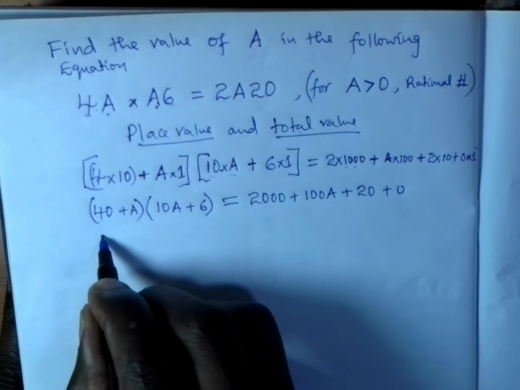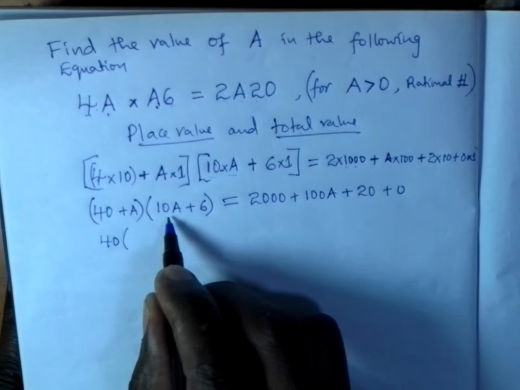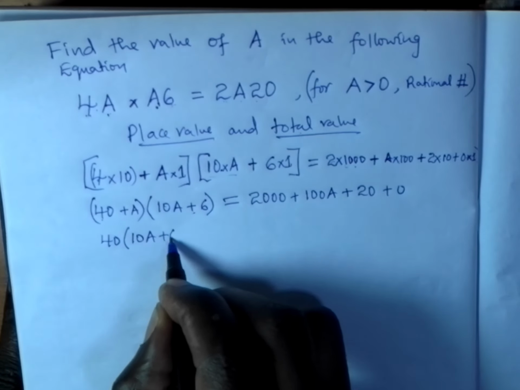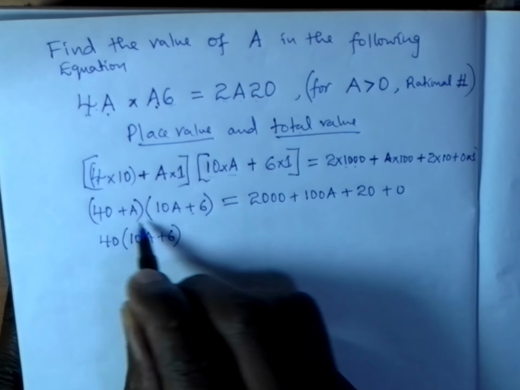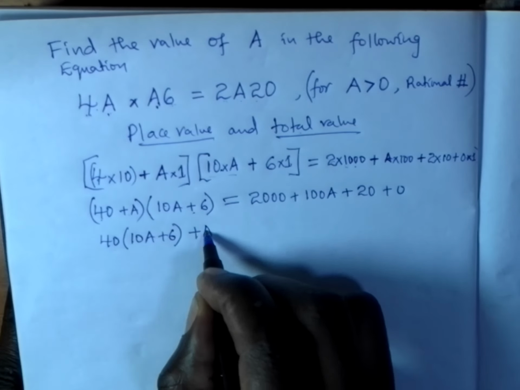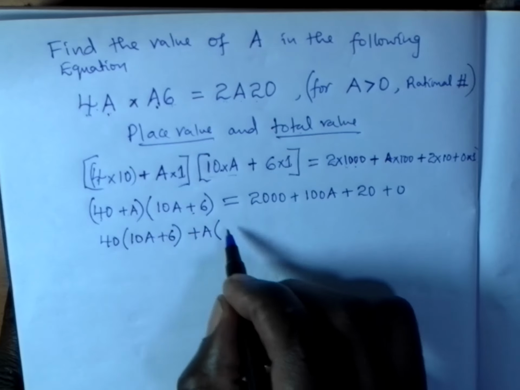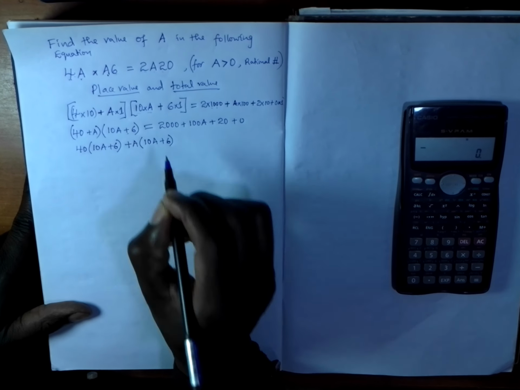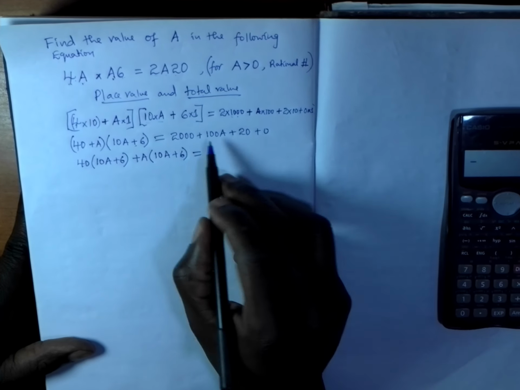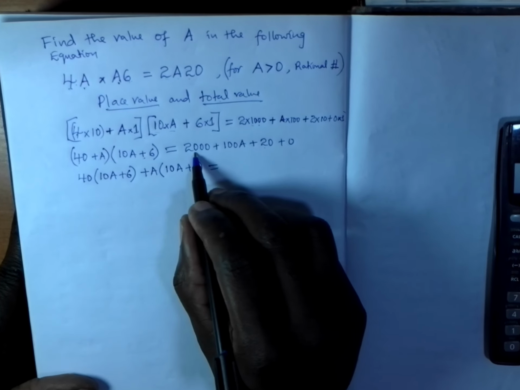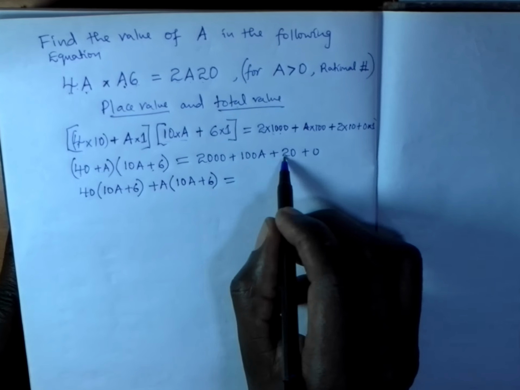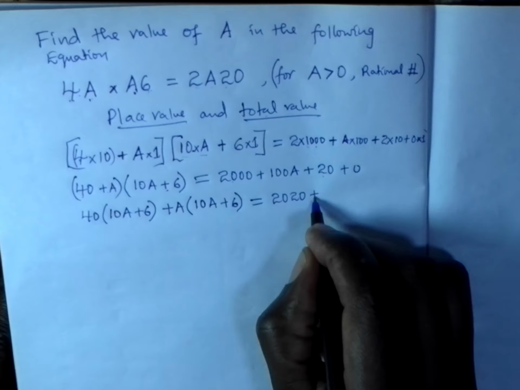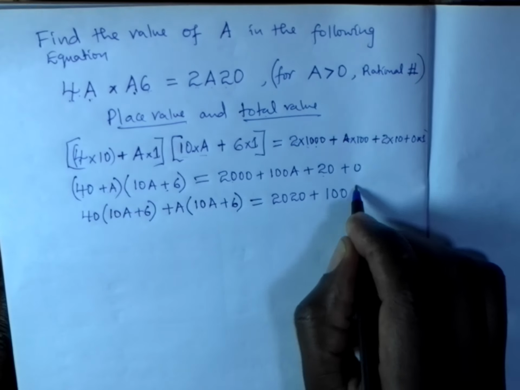We take 40 multiplied by what is in the second bracket, 10a plus 6, then plus a multiplied by 10a plus 6, will be equal to, selecting the right terms, 2000 plus 20 plus 0, that is 2020, then plus 100a.